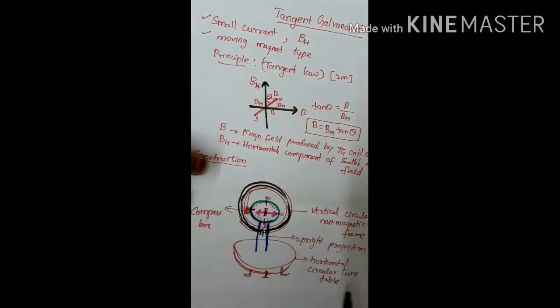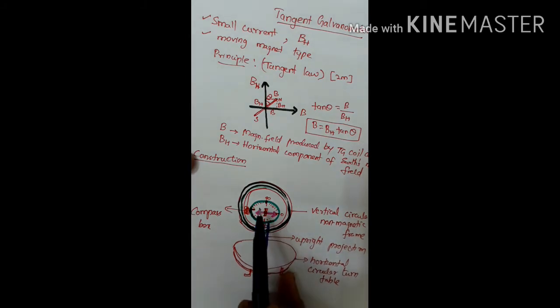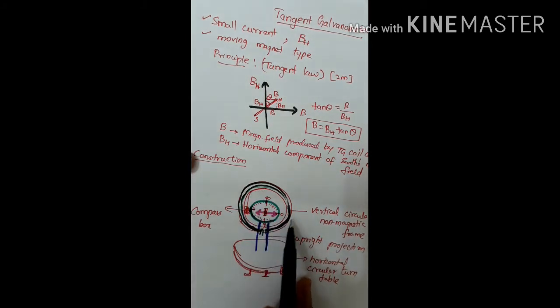Okay, this is all about the diagram. Let me repeat, children. It consists of a vertical circular non-magnetic frame, and the second part of the apparatus is the horizontal circular turntable with 3 leveling screws. These are the 3 leveling screws.